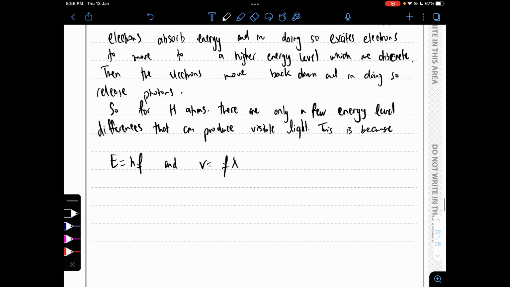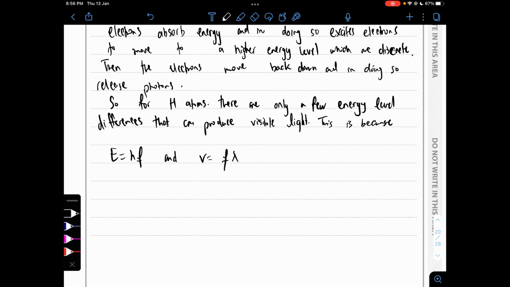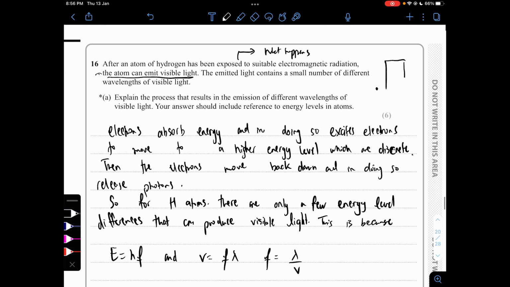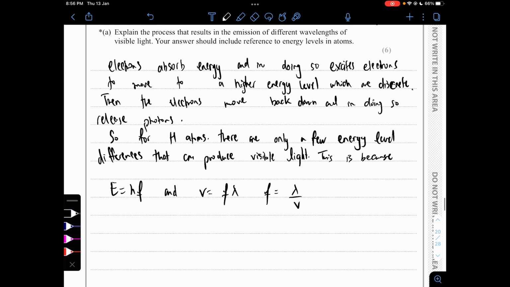Since we want to work out specific wavelengths, let's work out wavelengths instead of frequency. So we have our wavelength is v over f, so this would be v over hf.